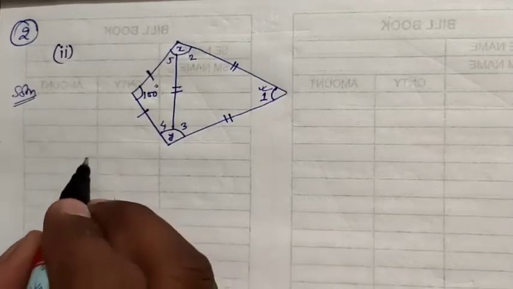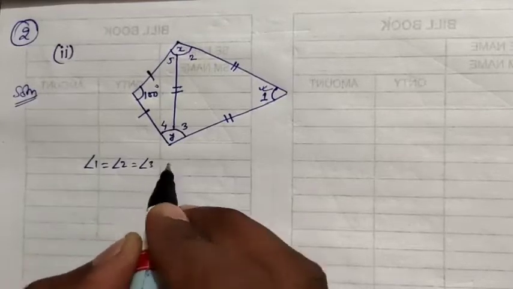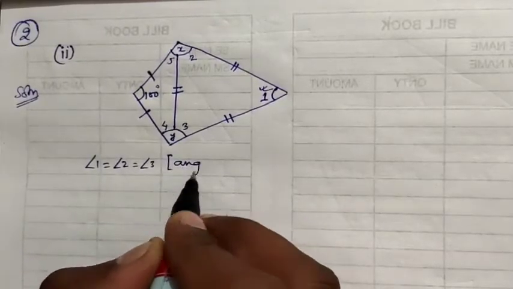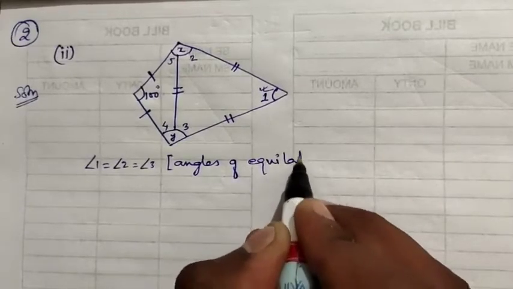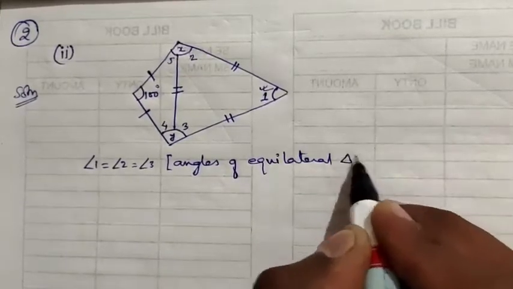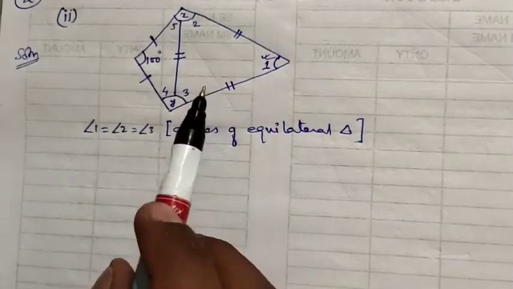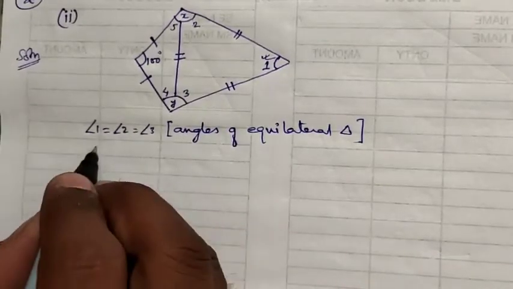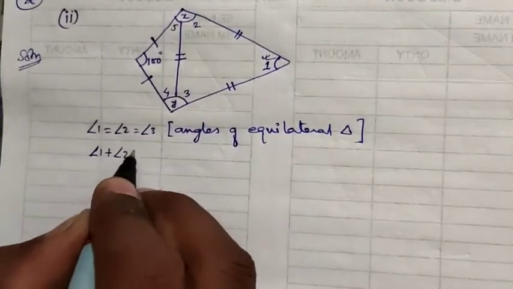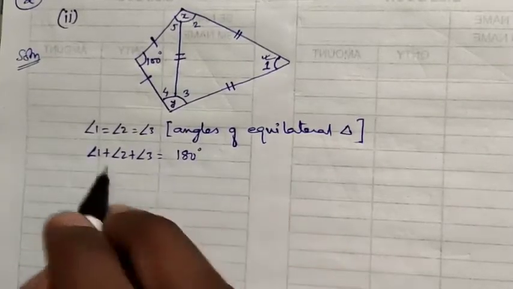Now angle 1 is equal to angle 2 is equal to angle 3. We will give the reason: angles of an equilateral triangle, because in our previous video we have studied that in an equilateral triangle if all sides are equal, then all angles will also be equal. Now we know that angle 1 plus angle 2 plus angle 3 is equal to 180 degree.